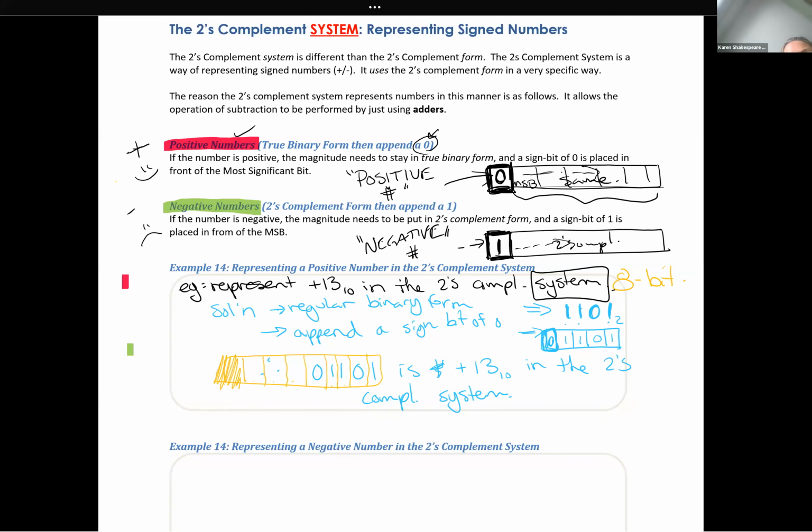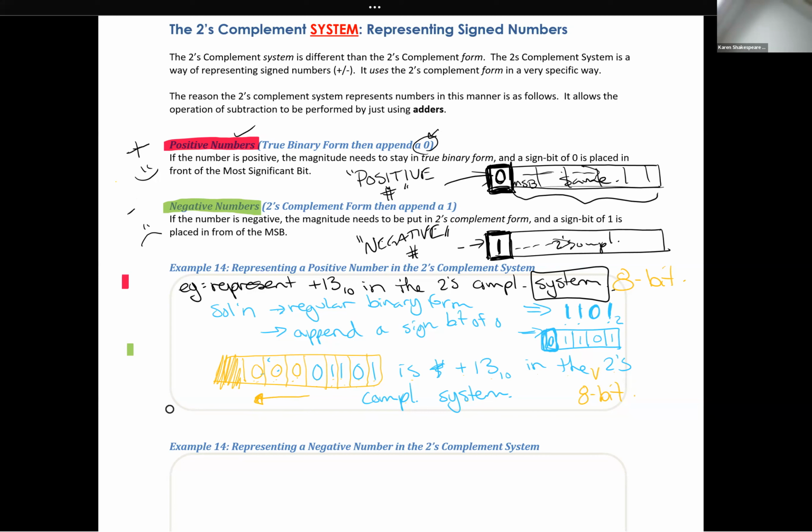And then what you want to do is just fill in with the leading sign bit, 0, 0, 0. So now 0 0 0 0 1 1 0 1 is positive 13 base 10 in the 8-bit 2's complement system.